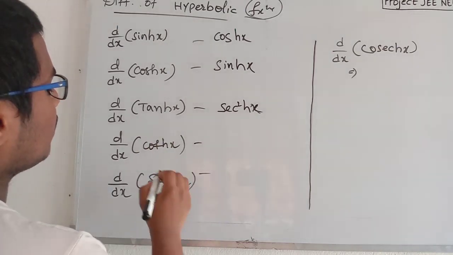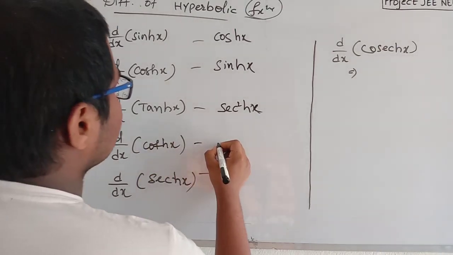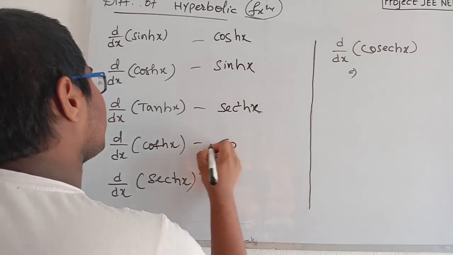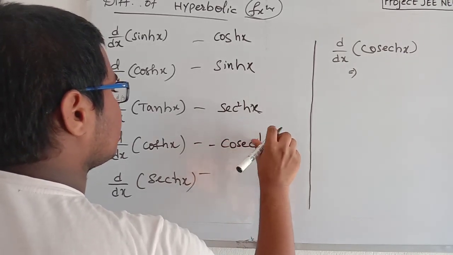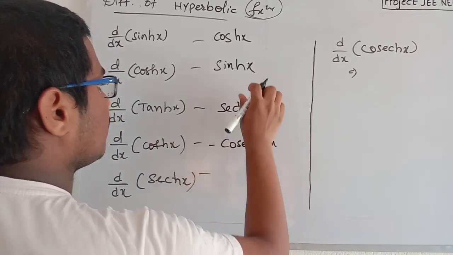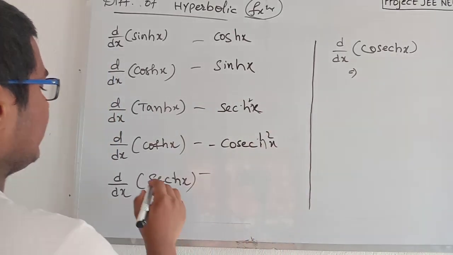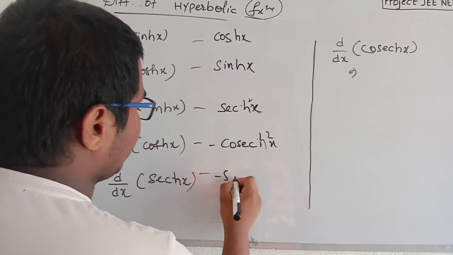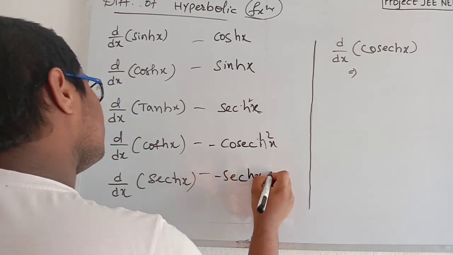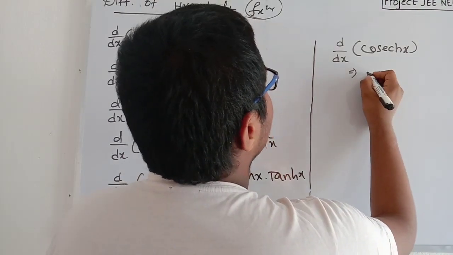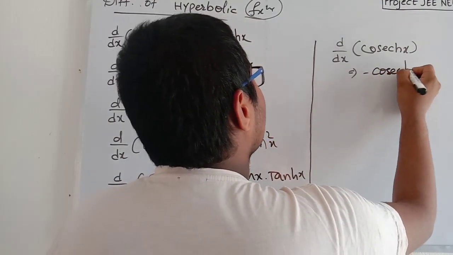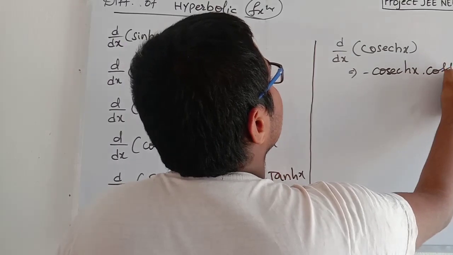Cot hx is minus cosecant h square x, and the next one is minus secant hx into tan hx, and the next one is minus cosecant hx into cot hx.